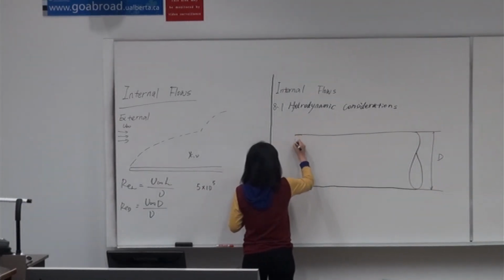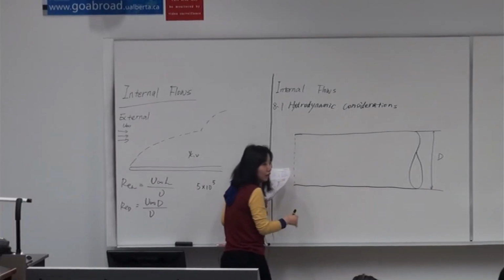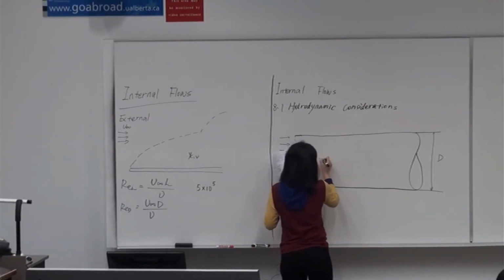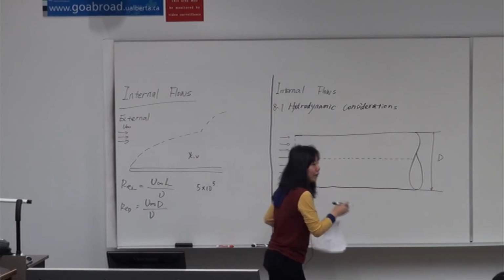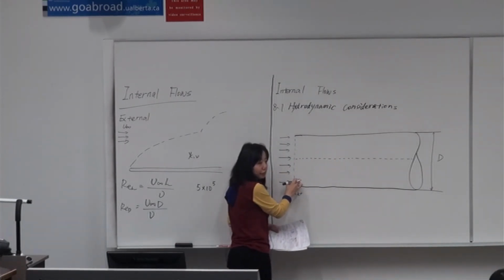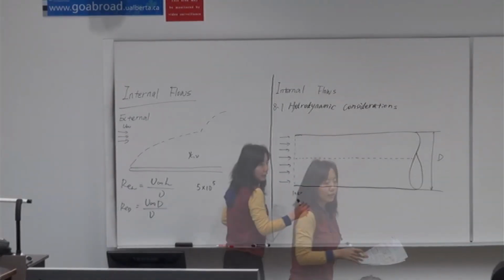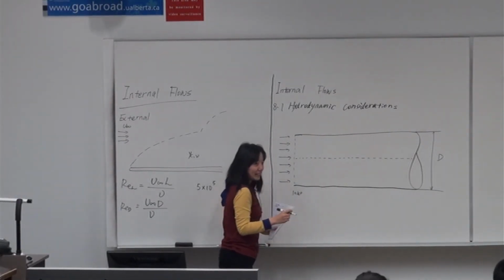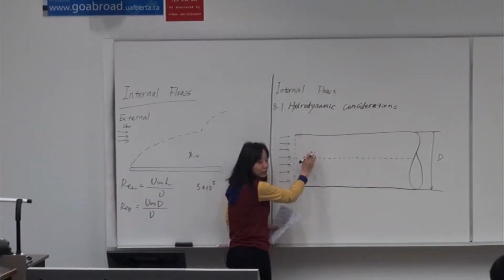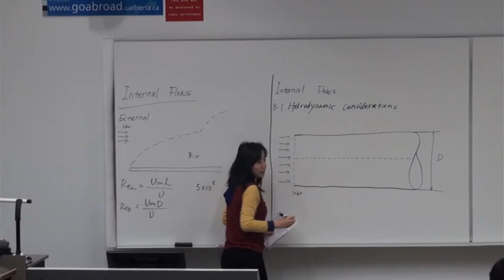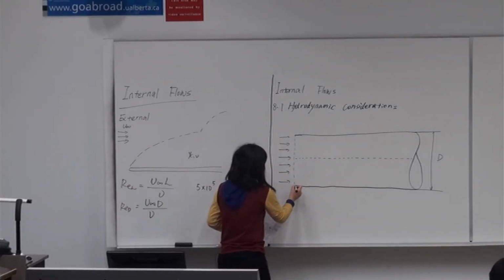We will mark it as our origin. And here is the center line of the pipe. What happens immediately after the fluid comes into the tube? The flow is slowest at the surface. That's because of the no-slip condition.